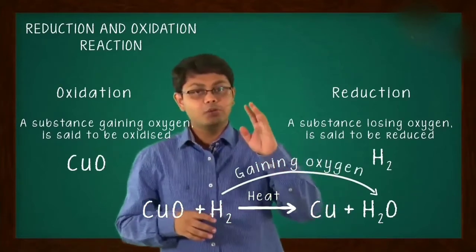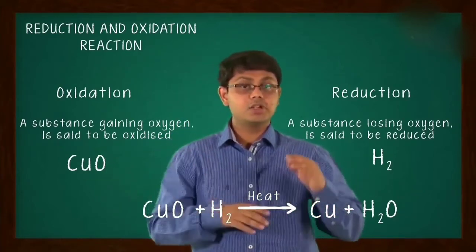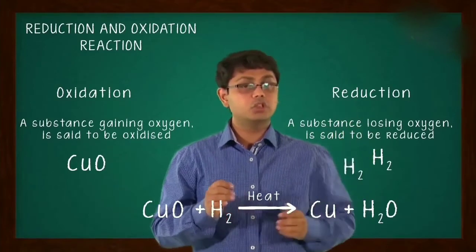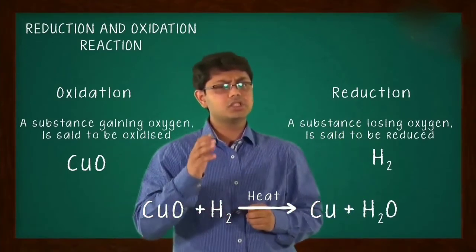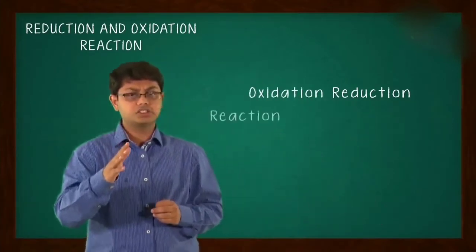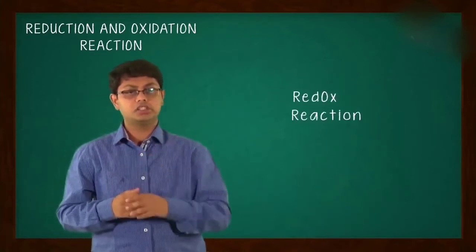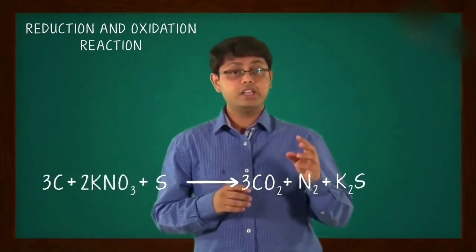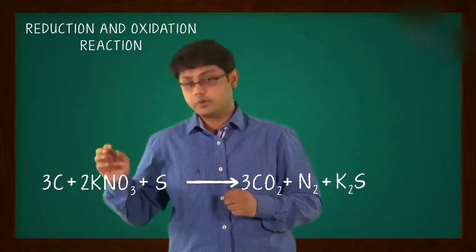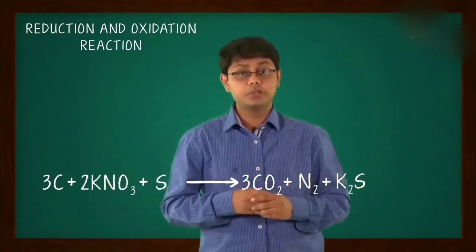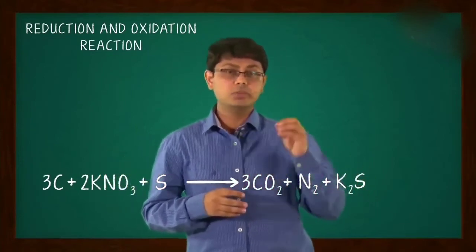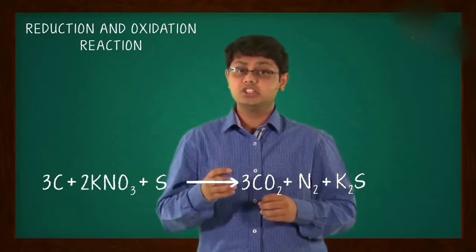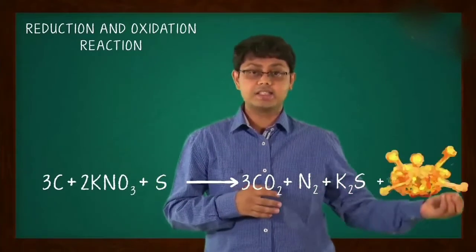In other words, one reactant gets oxidized while the other gets reduced during a reaction. Such reactions are called oxidation reduction reactions or redox reactions. And finally, in our Big Bang equation, electrons are moving from one molecule to the other to form the products. Some movements consume lesser energy, and the extra energy is what gets released as the bang.